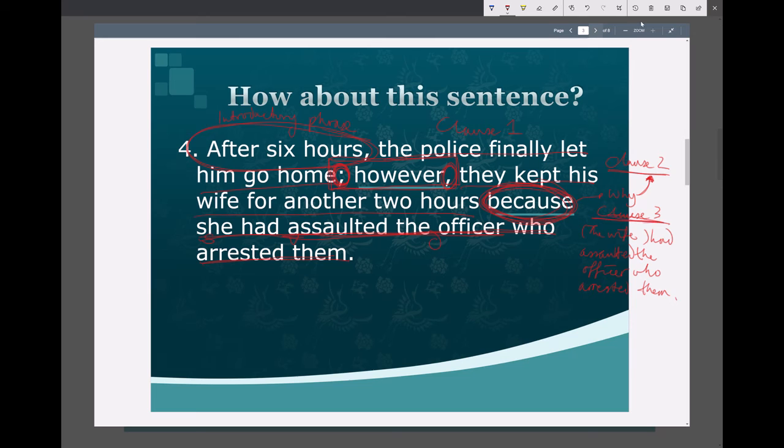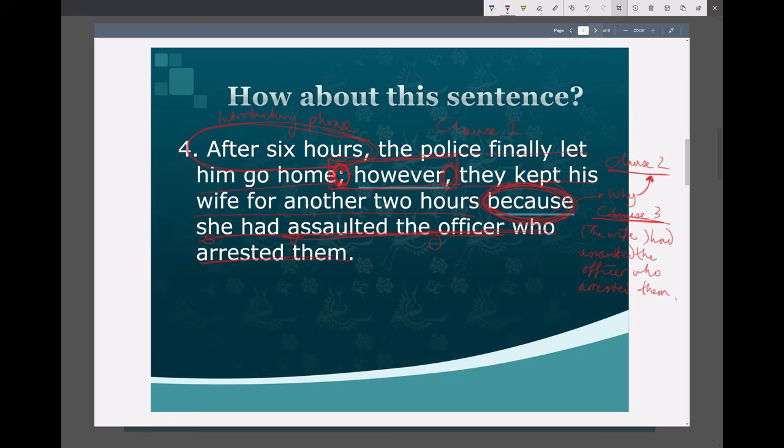And because clause 2 and 3 are connected, instead of using a period, you need to use a semicolon to keep clause 1 separate from clause 2 and 3, which is combined into one big clause.